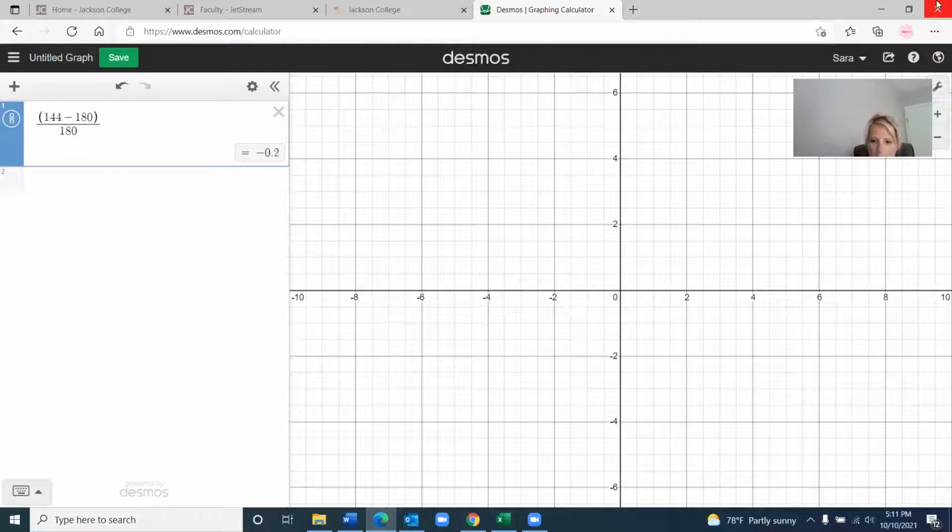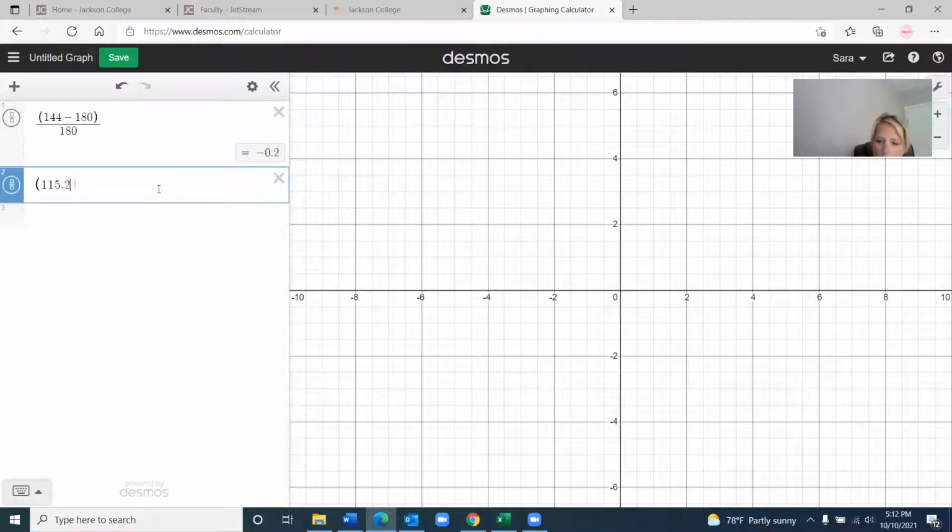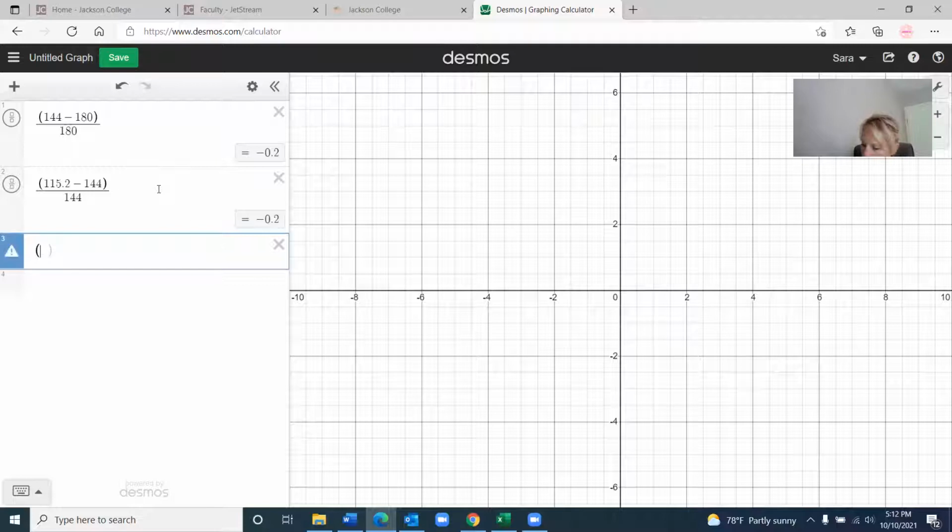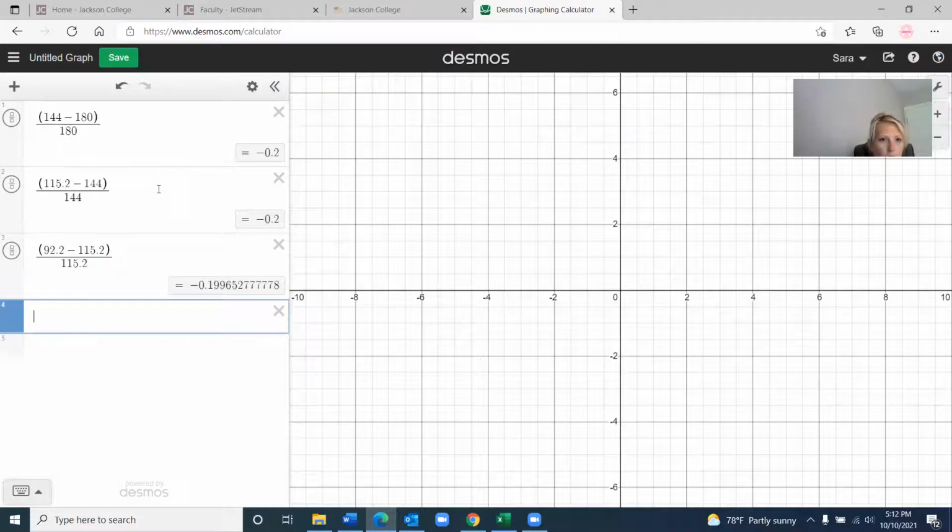Now let's see what it is from 1 to 2. That would be 115.2 minus 144, divided by 144. A negative 0.2. And then 2 to 3 is rounded to a negative 0.2.